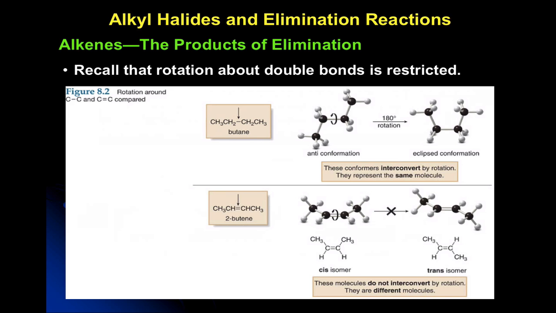That's right. I can rotate freely around a single bond, but when I put another bond in, what happens if I try to rotate? I have to break a bond. And what do we have to do to break a bond? We have to use energy. I can take cis 2-butene and convert it into trans 2-butene if I shine a really bright light on it. And that light is providing the energy needed for that transformation to occur. But it has to break the bond, then rotate, and then the bond form again.